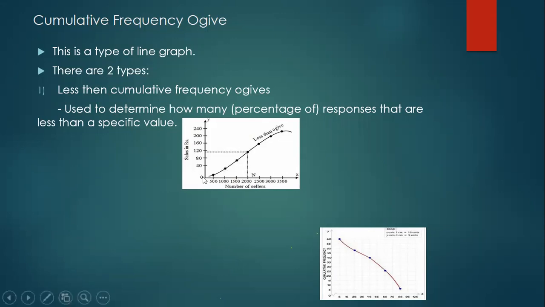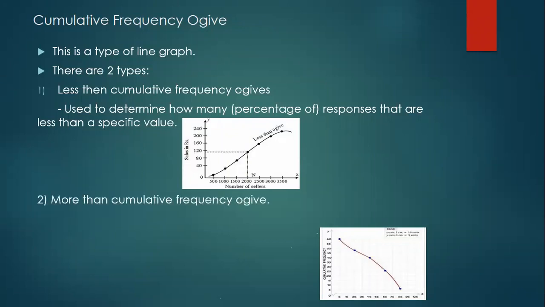So how do you know that it's a less than cumulative frequency? It normally starts at 0 and ends at the total. And you know that your less than or more than cumulative frequency is just a sum of your frequency as you move along.